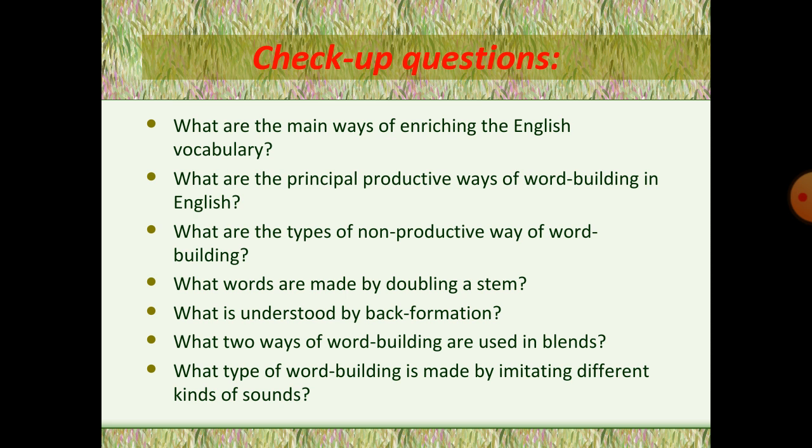What are the types of non-productive ways of word building? What words are made by doubling a stem? What is understood by backformation? What two ways of word building are used in blends? What type of word building is made by imitating different kinds of sounds?